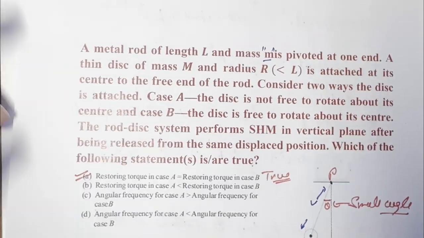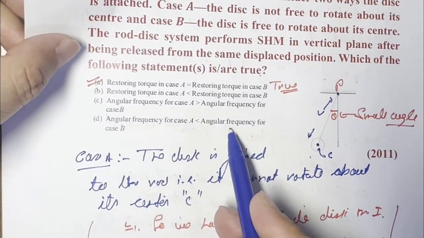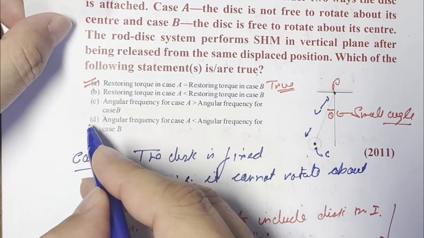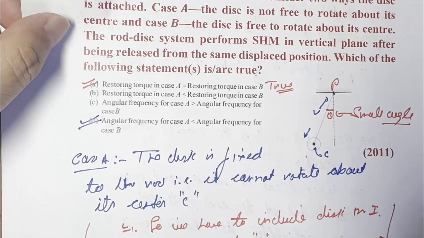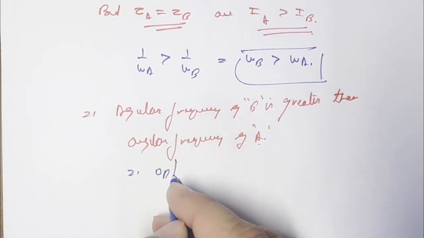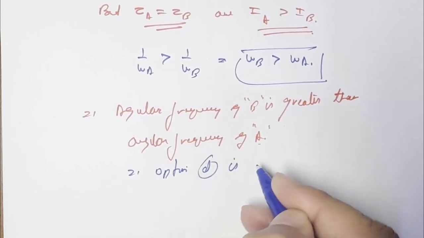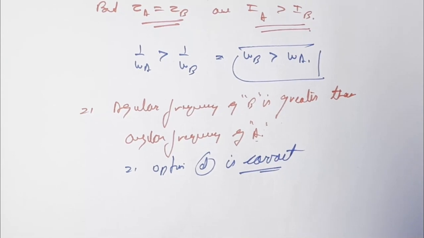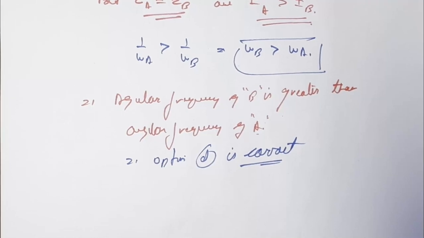We can say that angular frequency of B is greater than angular frequency of A. Okay. So option number D is the correct option. It is written just in reverse order as compared to this. So you can say option D is correct. So this completes the question. Thank you.